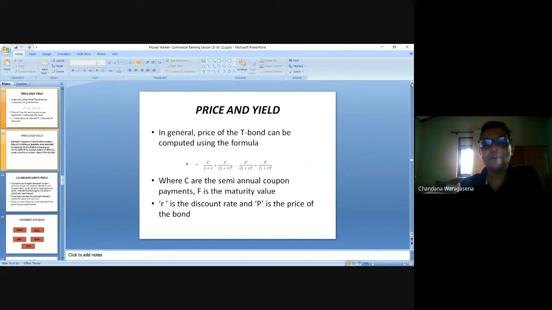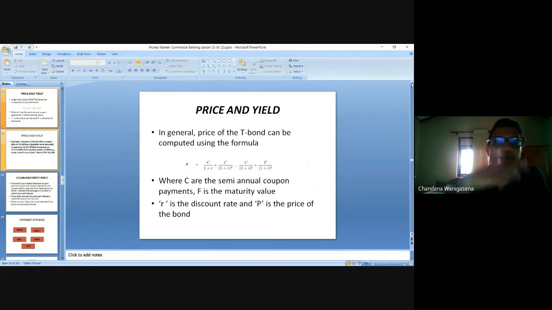And on top of that, at the end of the maturity period, in addition to the coupon, we get the face value or the principal amount also. So in the final year, we get both the coupon and the face value, or the par, or the principal.